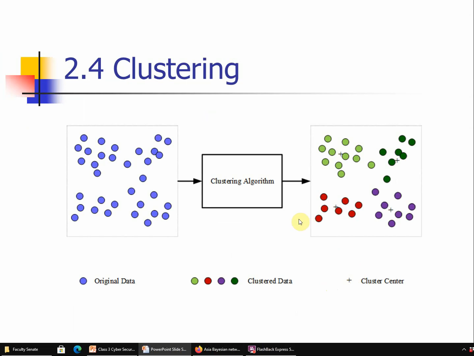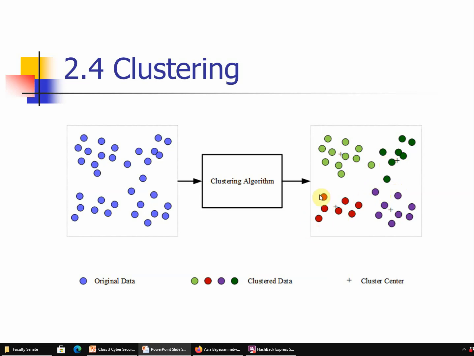The next major area of cybersecurity, as we discussed in the previous video, is clustering. In the data that we may have, there may be a lot of data over there, and we can apply some clustering approaches to divide that into, say, several groups.